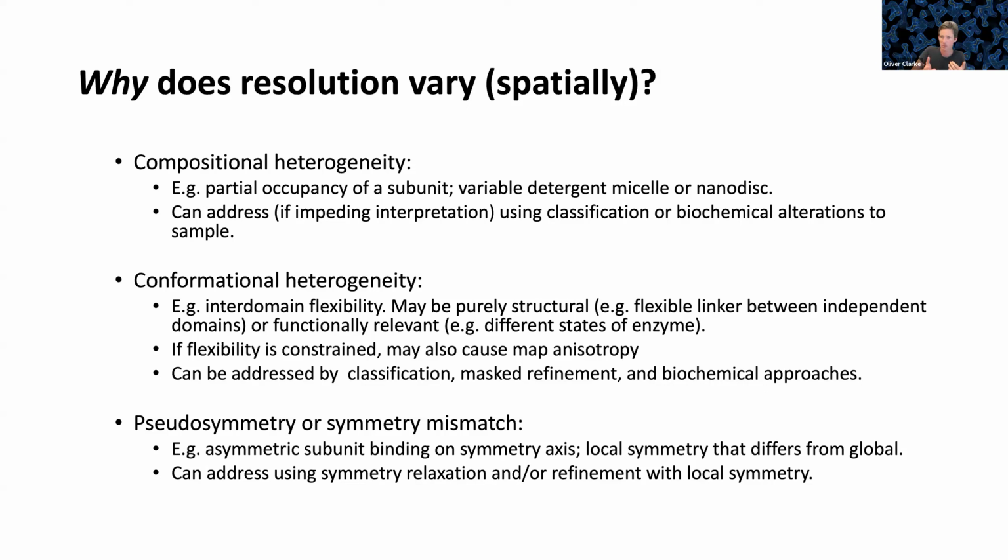That can be something that's purely structural and not terribly interesting, for example a flexible linker between independent domains, or it could be functionally relevant, for example different states of an enzyme. If that flexibility is constrained, so it's like a hinge-like motion that's only present on one axis, that could also cause map anisotropy in addition to causing local variation in resolution.